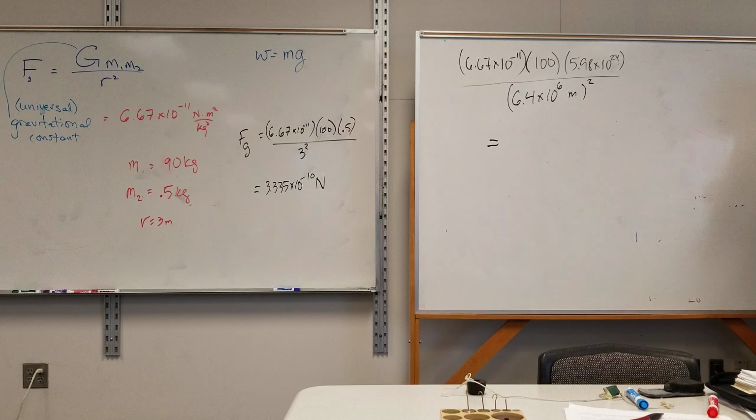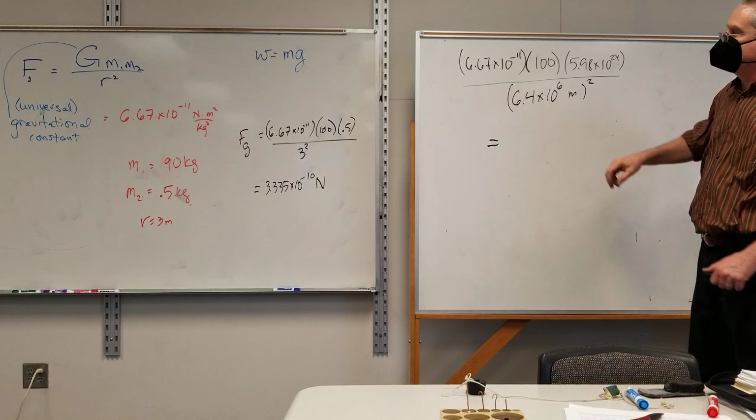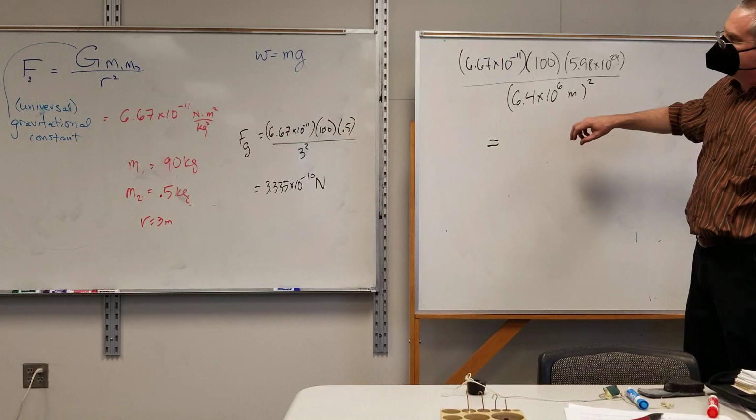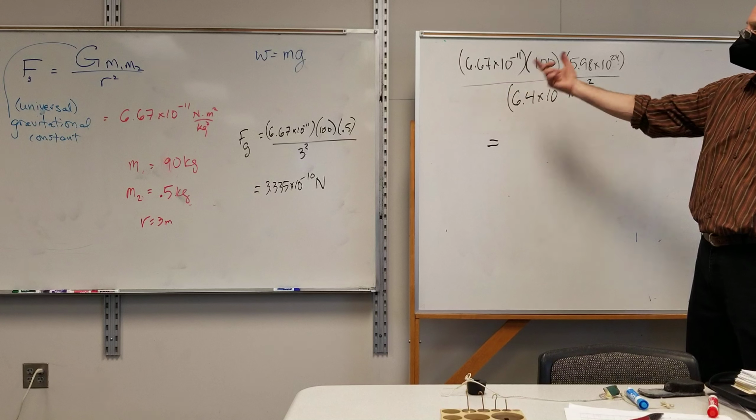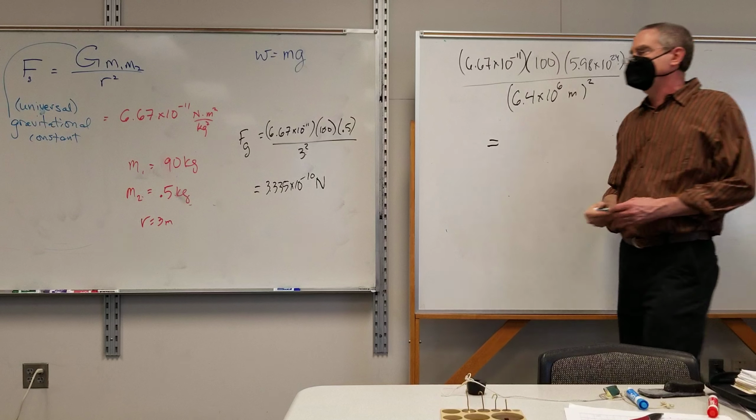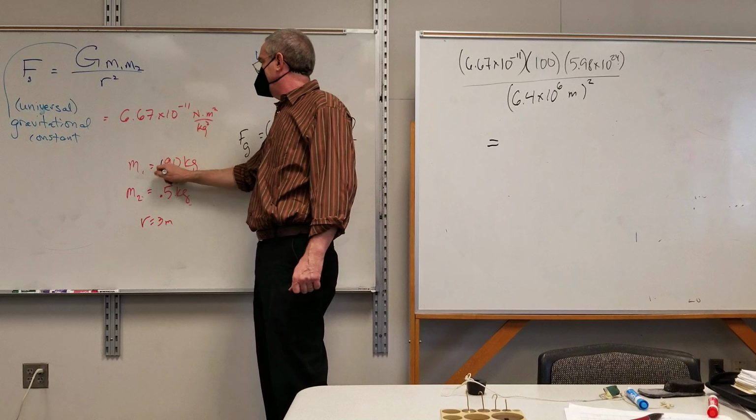At least for this one, I know roughly what the answer is going to be. Oh, I said 90 kilograms for myself, and then I stuck in 100 both times. Let's change that back to 100.